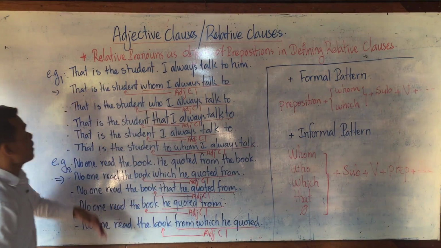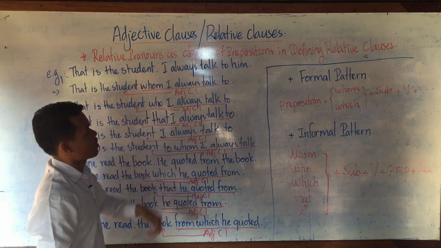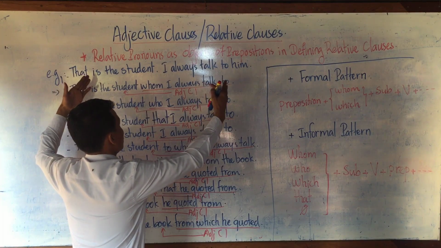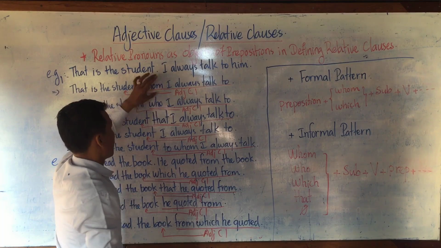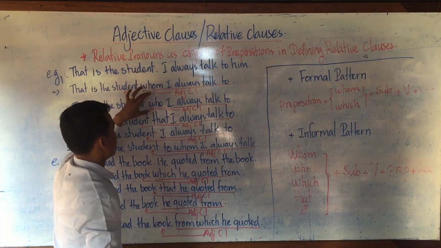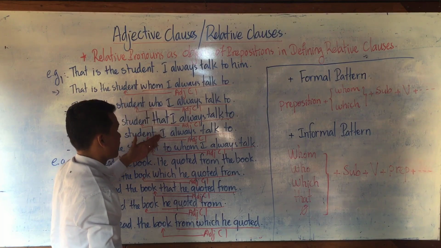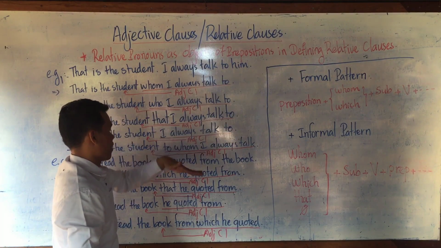Again, in order to use a relative pronoun as the object of a preposition in defining relative clauses, we can combine 2 simple sentences in 5 ways for people. One is that we use whom, we use who, we use that. No need to use who, whom, or that when the preposition comes at the end of the sentence or clause.